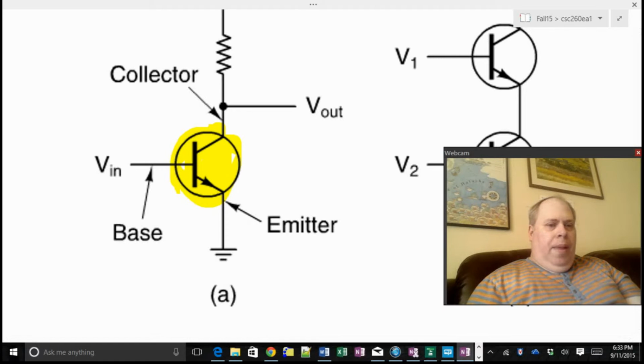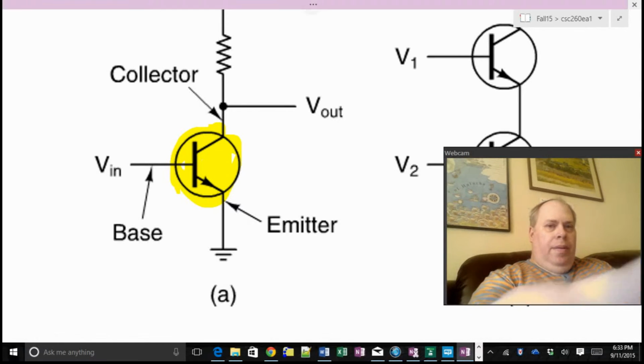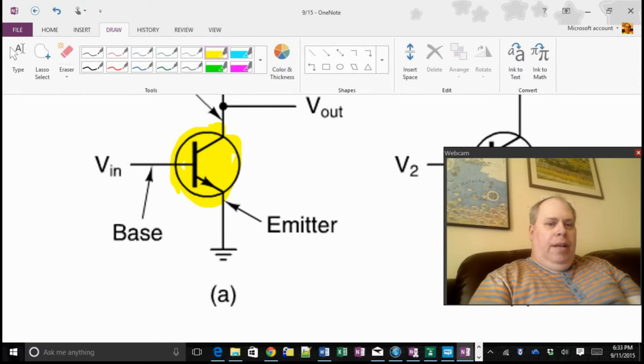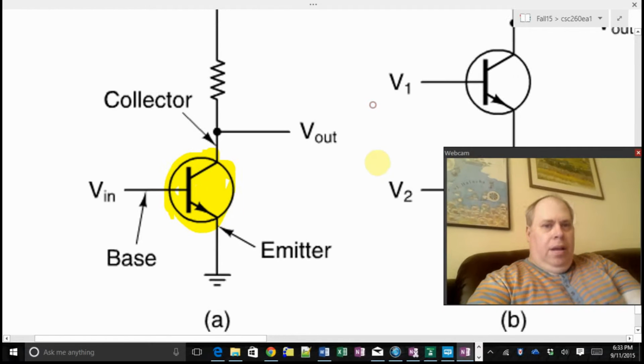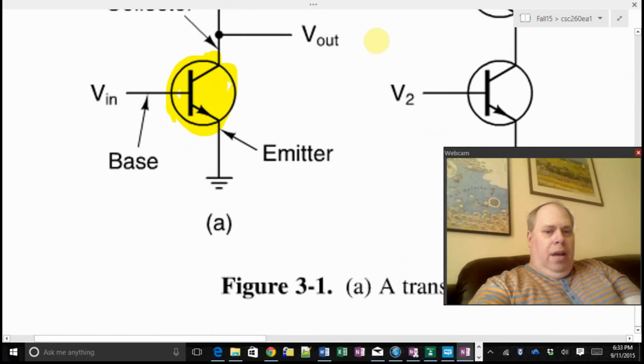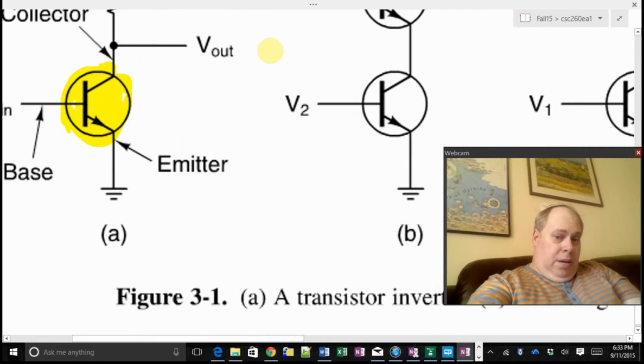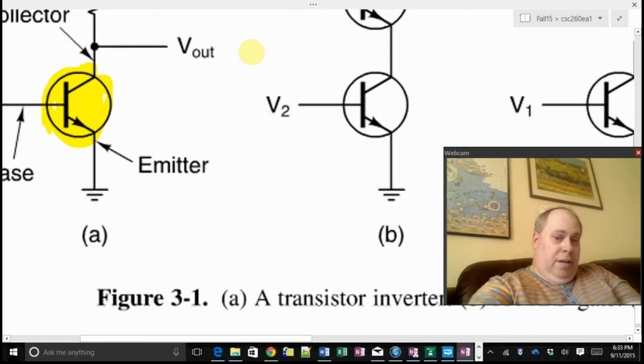What it's doing in this piece of logic is being an inverter.